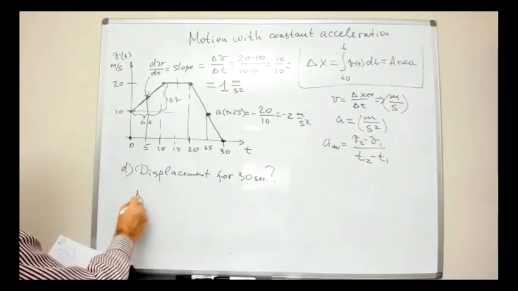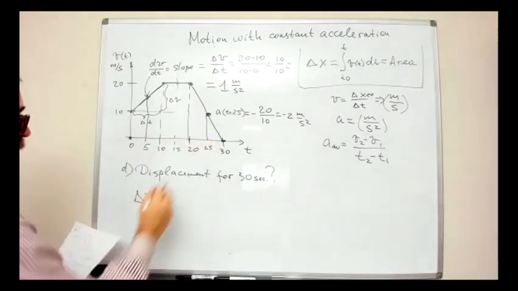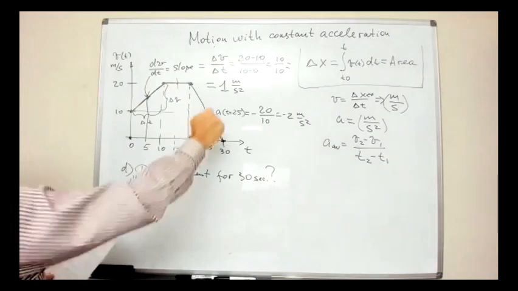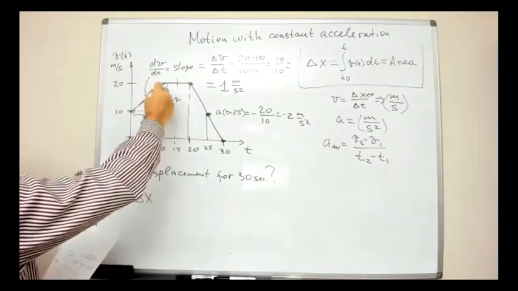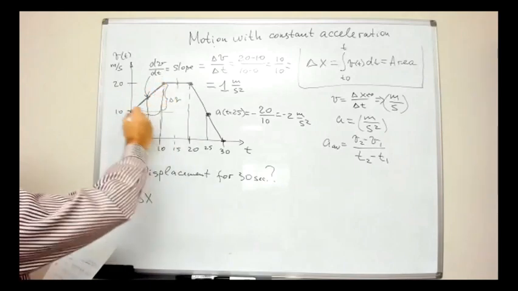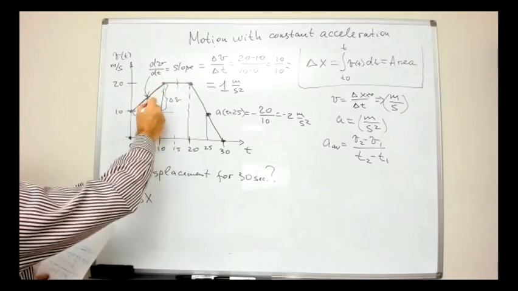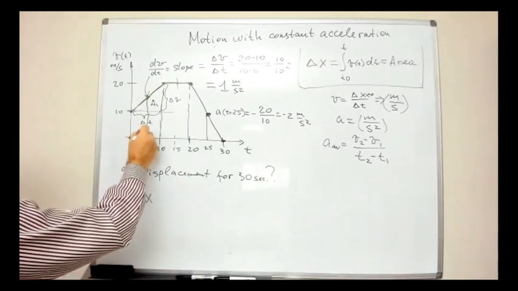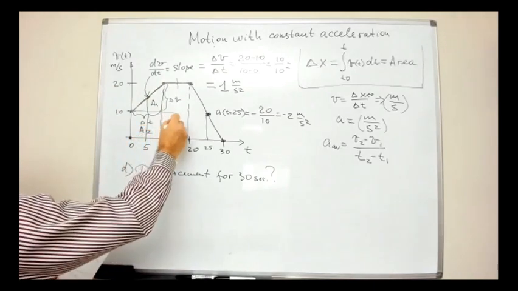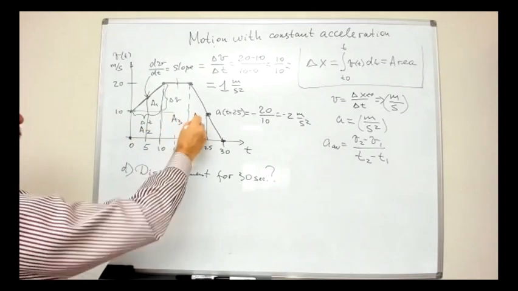The displacement for this whole time interval is just the area under this figure. And that area can, again, be disassembled into several parts. Let's say this is A1, the area of this right angle triangle. This is A2, A3, and A4.